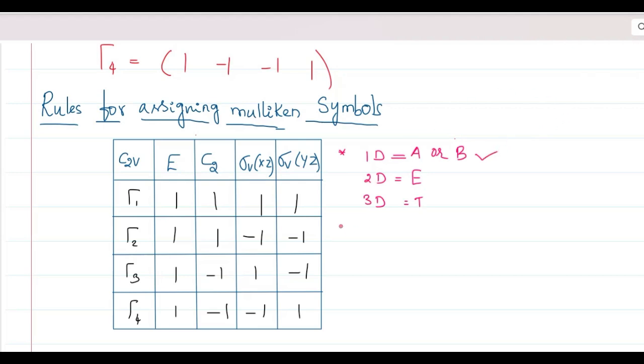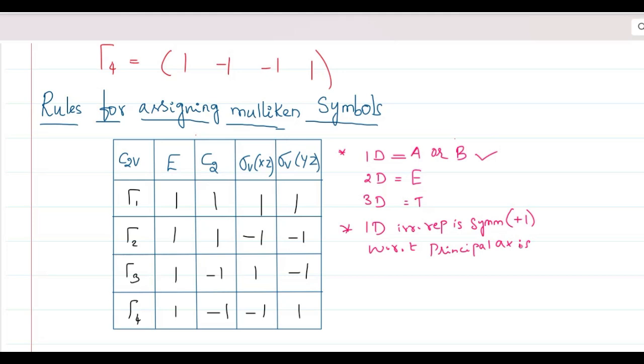The next aspect is if it is one dimensional, then that irreducible representation should be symmetric with respect to what? If it is symmetric, it means it should be plus 1, with respect to the principal axis, otherwise subsidiary axis.